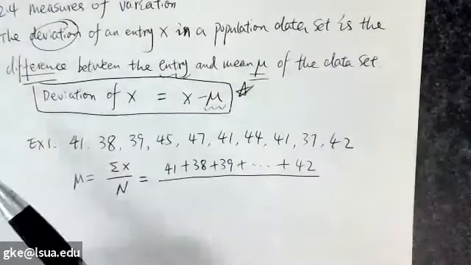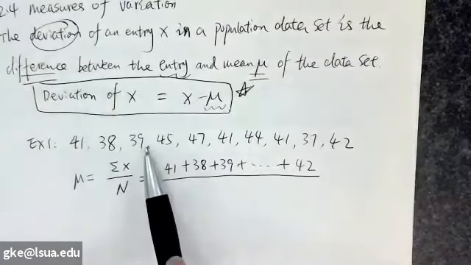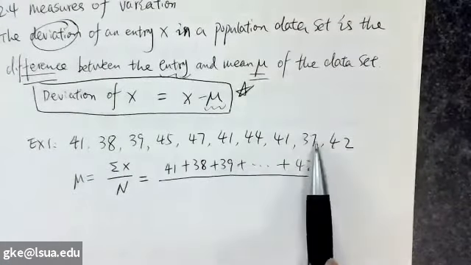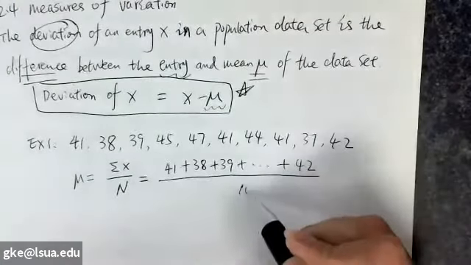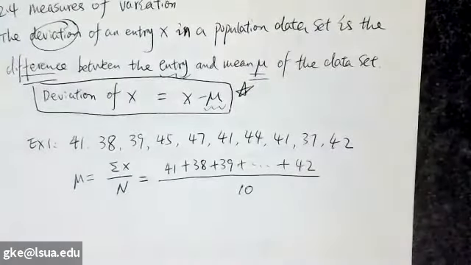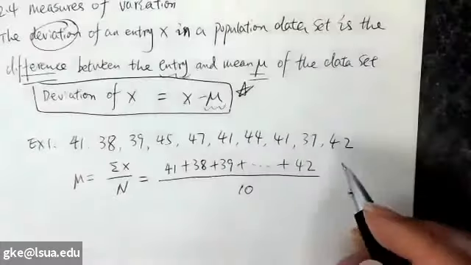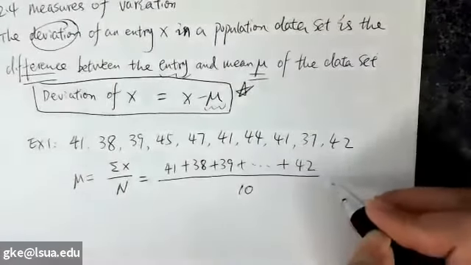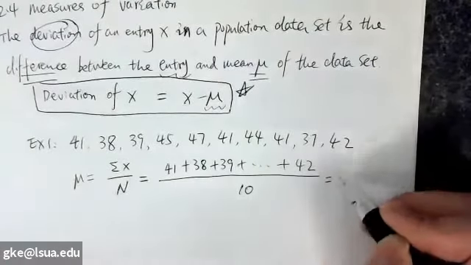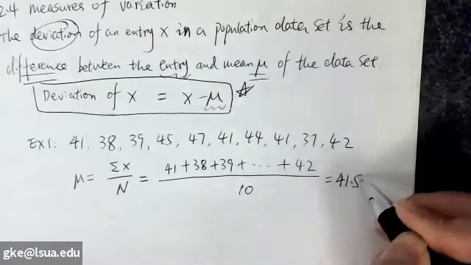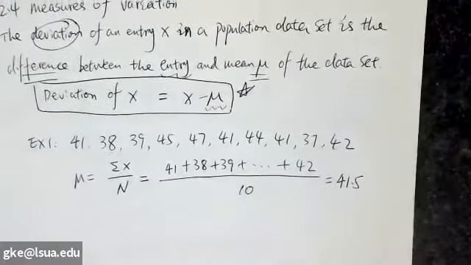And how many numbers? 1, 2, 3, 4, 5, 6, 7, 8, 9, 10. We have 10. Now you're going to use your calculator to calculate the summation, and that equals 41.5. Okay, that's it.